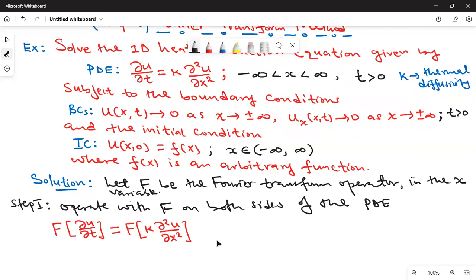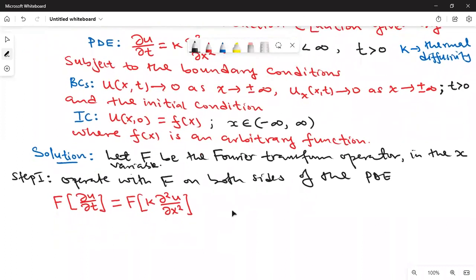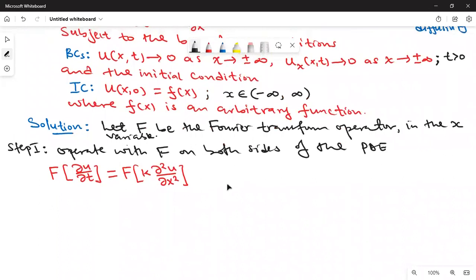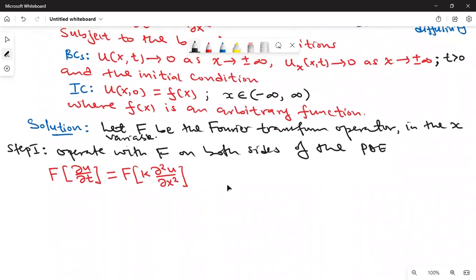So when you operate on the variable x, you assume that the t variable here is a constant with respect to the operator F. Now, you see, k is a constant, and this can now be factored out because of the linearity property of F. So k is a constant, then the Fourier transform of the second derivative of u with respect to x twice.